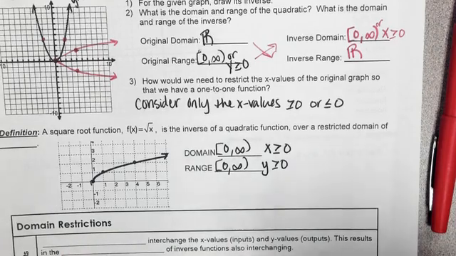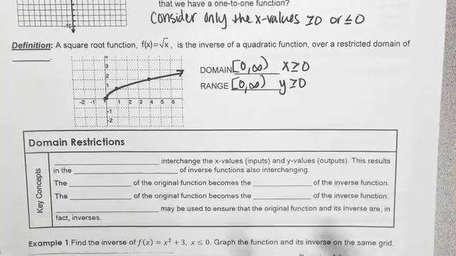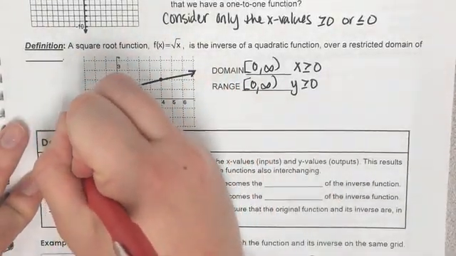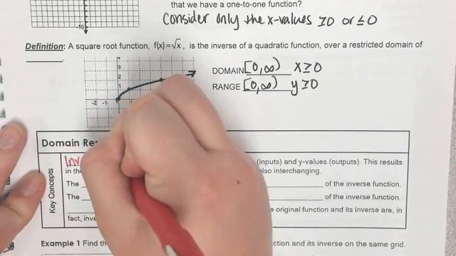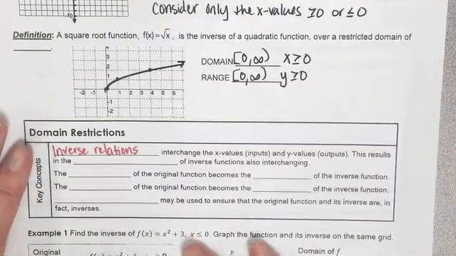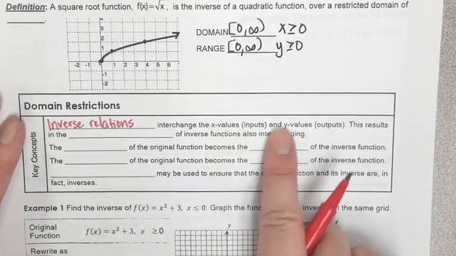Okay, in this box, we're going to talk a little bit more about domain restrictions. So I'll help you fill in the blanks here. This first blank is going to be inverse relations. Inverse relations interchange the x values and y values.